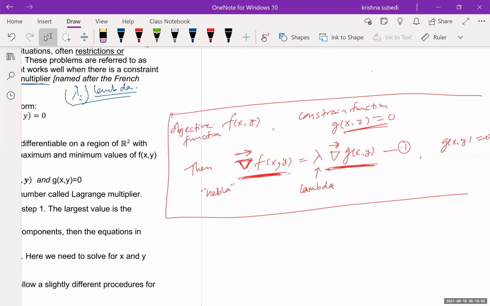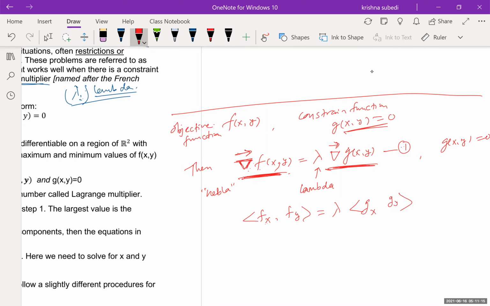Basically, what this represents is, let me write this quickly. It is a vector, and this represents the partial derivative of f with respect to x, partial derivative of f with respect to y, equals lambda times the partial derivative of g with respect to x, partial derivative of g with respect to y.